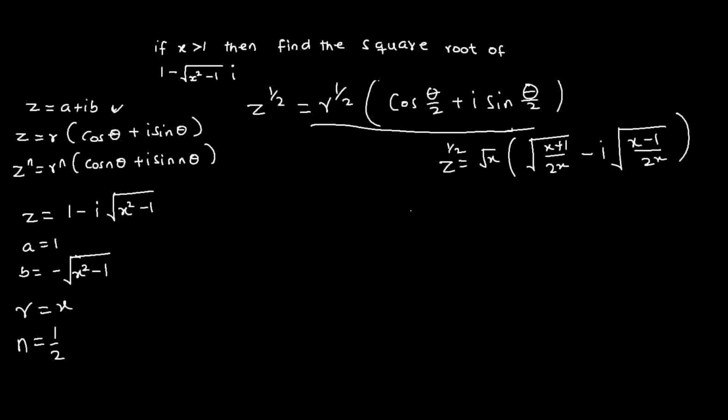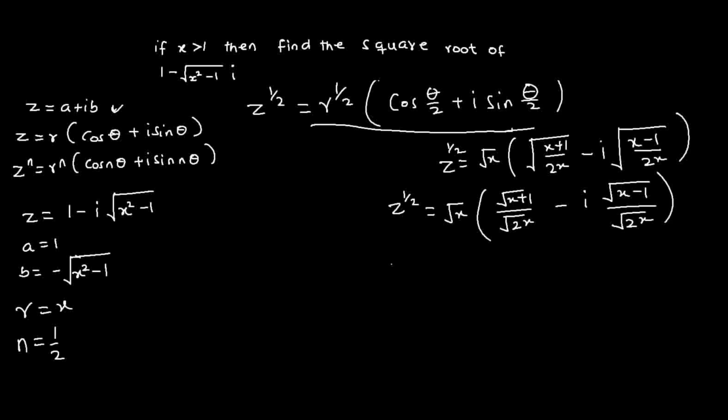So I have z to the power half equal to the square root of x, multiplying the square root of x plus 1 divided by the square root of 2x, minus i multiplying the square root of x minus 1 divided by the square root of 2x. This is what you have now.